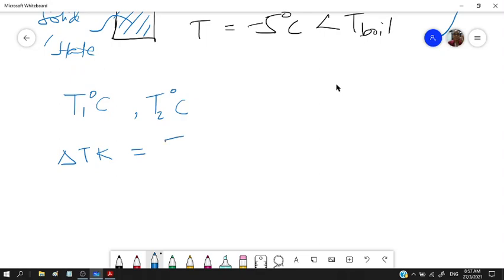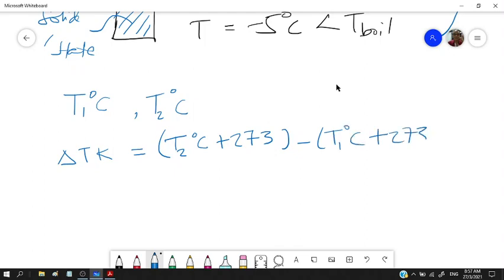When we convert T2 in Celsius plus 273, minus T1 in Celsius converted to Kelvin, plus 273, we find that the 273 on the left is positive and this one is negative.